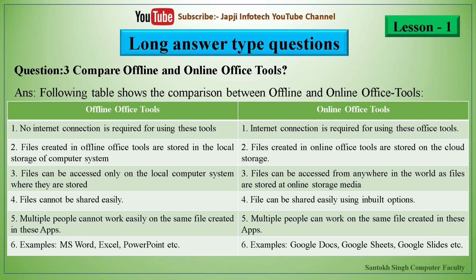And fourth one is, in offline office tools, files cannot be shared easily, whereas in online office tools, files can be shared easily using the inbuilt option. And the fifth one is, in offline office tools, multiple people cannot work easily on the same file created in these apps, whereas in online office tools, multiple people can work on the same file created in these apps.